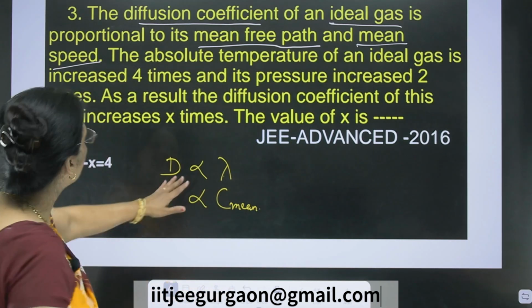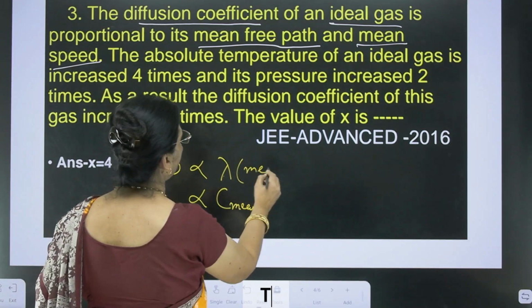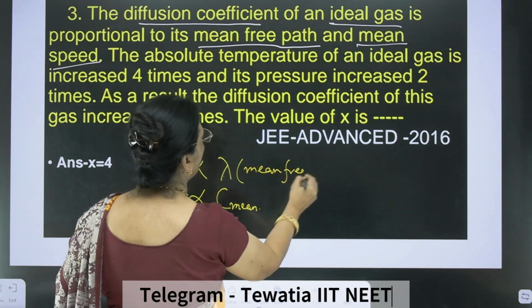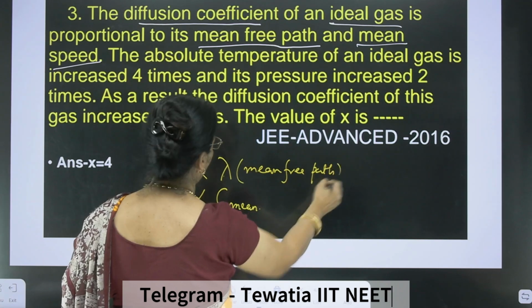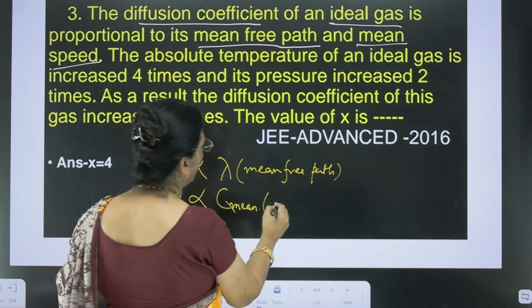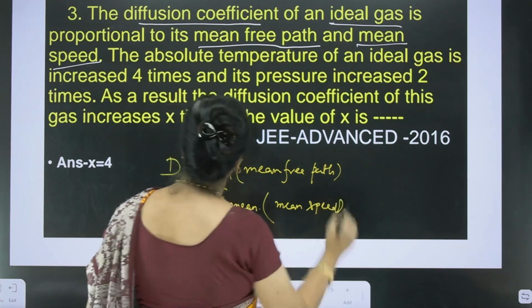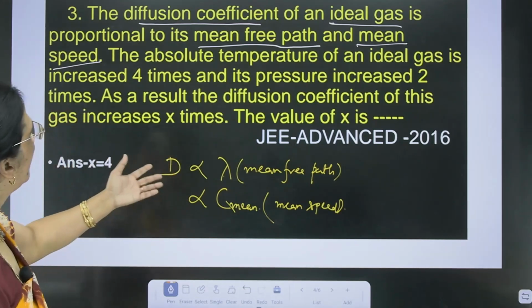This is your lambda, the mean free path, and this is your mean speed, as the name indicates. Okay, this is given.